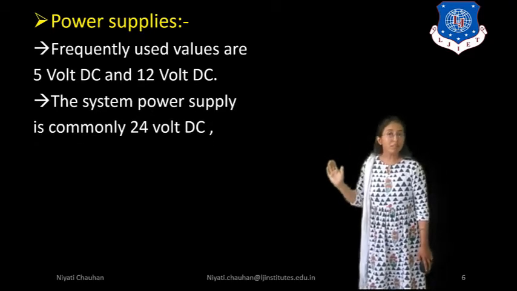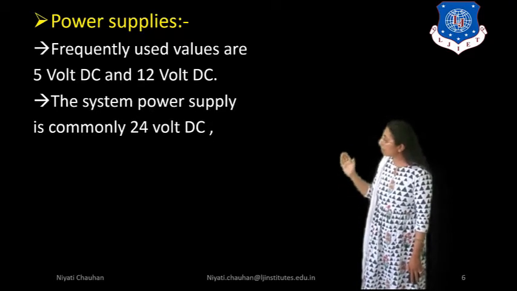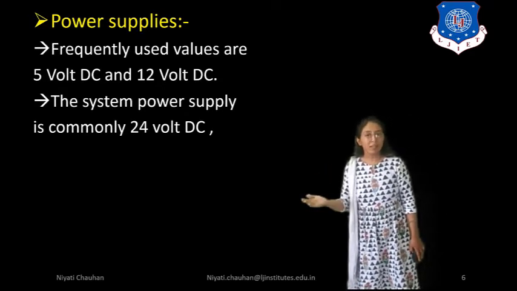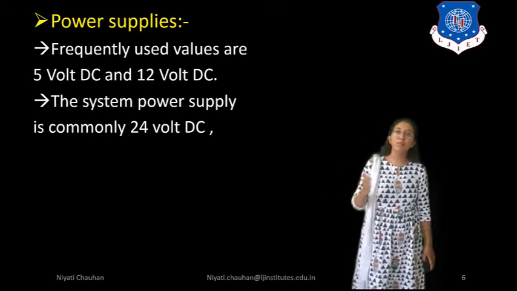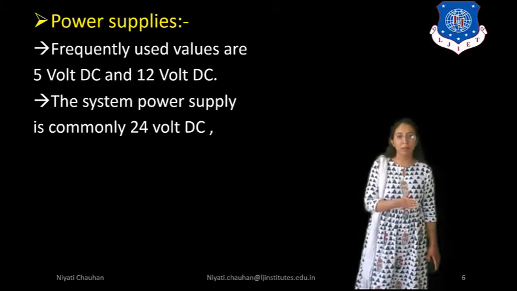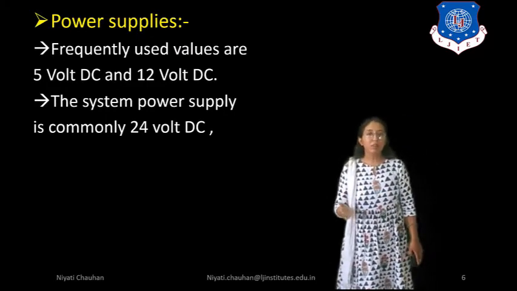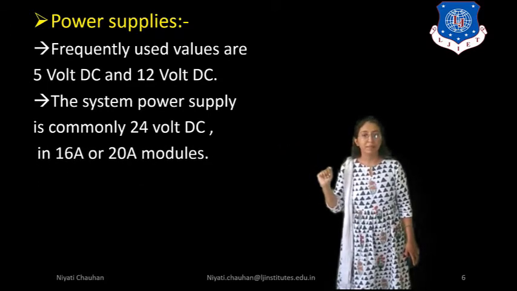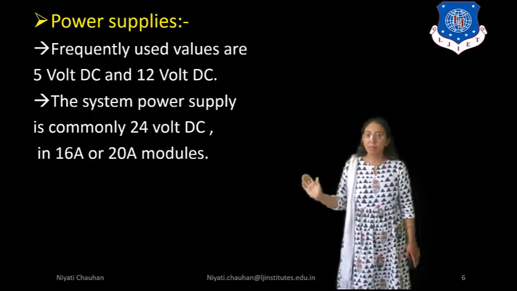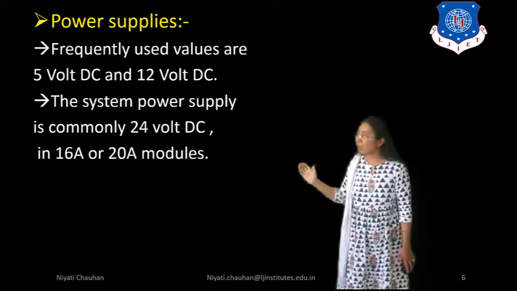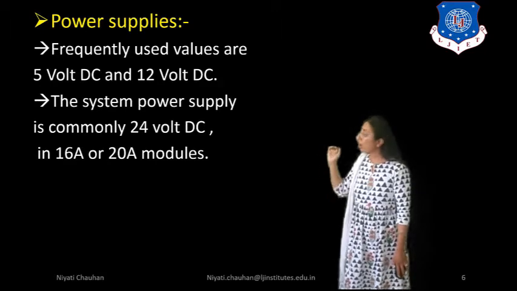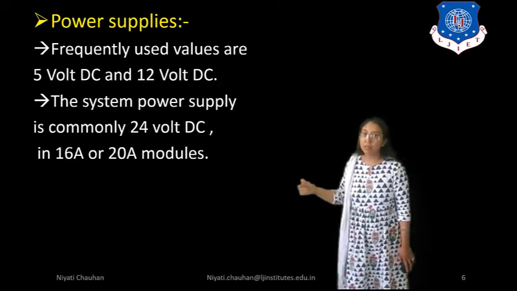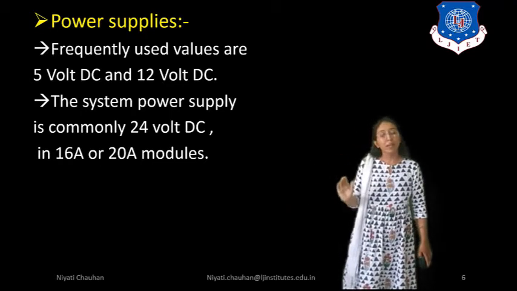The system power supply is commonly 24 volt DC, in a 16 ampere or 20 ampere module. So the current capacity of the supply is 16 ampere, and sometimes we take 20 ampere.